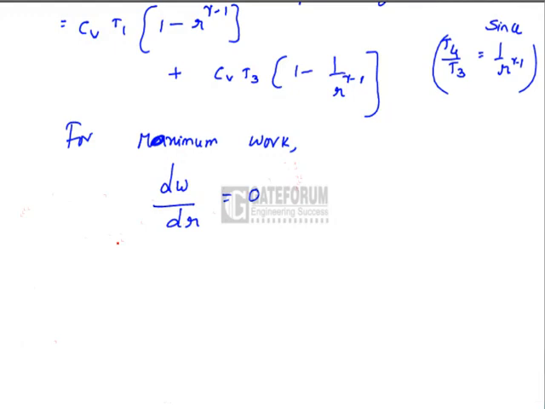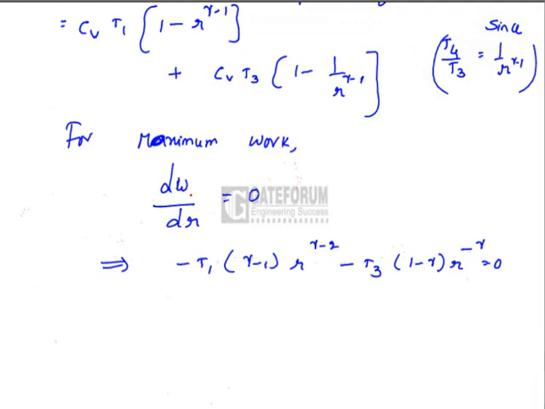That results in minus T1 into gamma minus 1 into r to the power of gamma minus 2, minus T3 into 1 minus gamma into r to the power of minus gamma, is equal to 0.